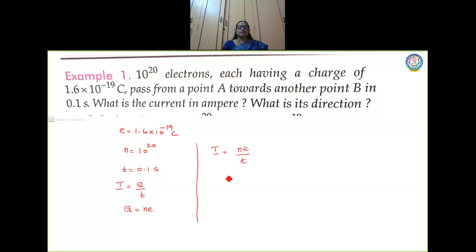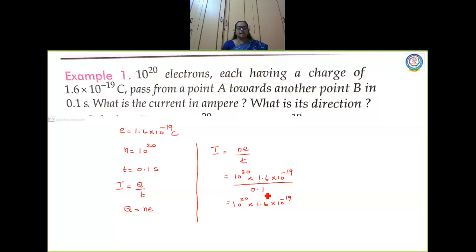What is the value of N? N is already given, children. So it is 10 power 20 into the charge of an electron, 1.6 into 10 power minus 19, divided by 0.1 second. I'll rearrange this: 10 power 20 into 1.6 into 10 power minus 19. This 0.1 can be written as 1 into 10 power minus 1.